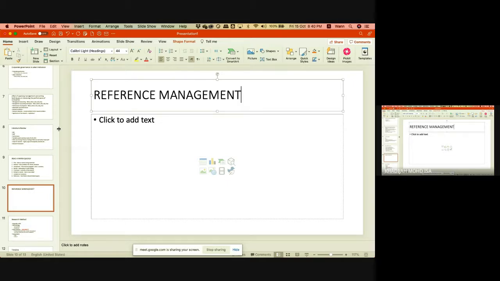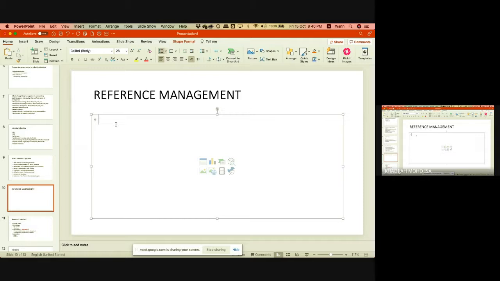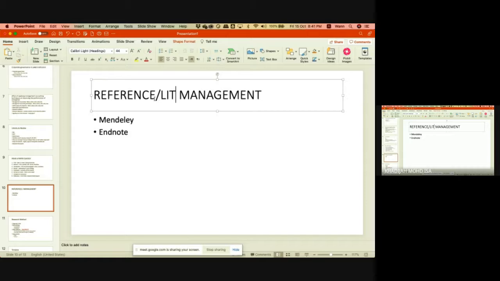I want you to check whenever there's a course on Mendeley. Or you can use any of these literature management tools. I want you all to find information on Mendeley or use Mendeley.